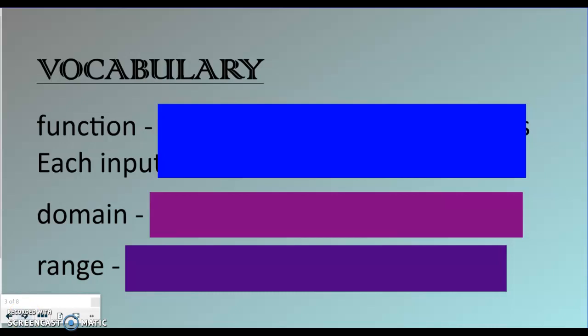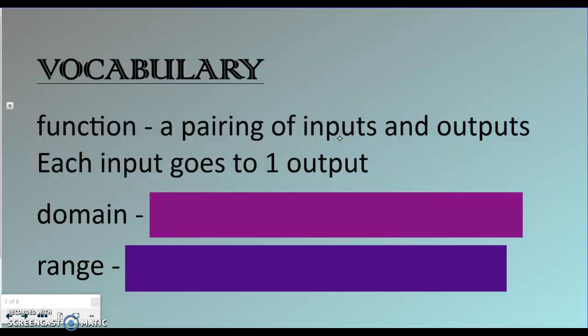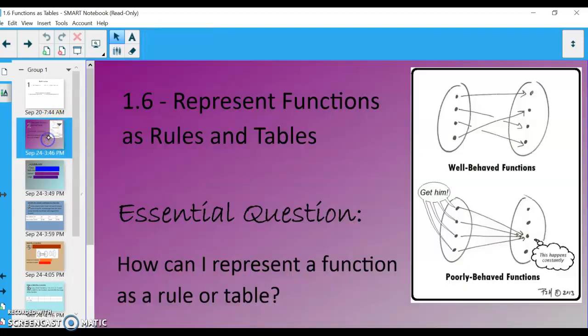A function is defined as a pairing of inputs and outputs where each input goes to one output. If we go back to that original screen where our essential question was, you'll notice that there are two different parts.